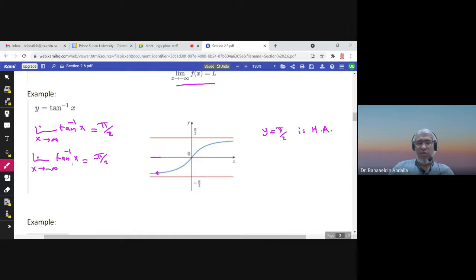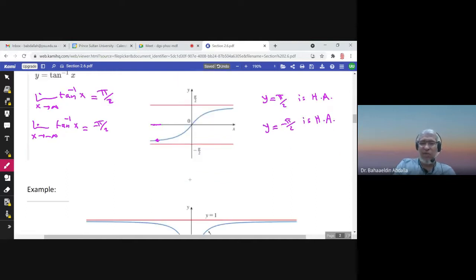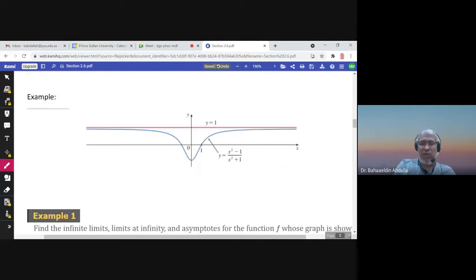Because of this, the line y equals negative pi over 2 is another horizontal asymptote. So tan inverse x has two horizontal asymptotes, pi over 2 and negative pi over 2.